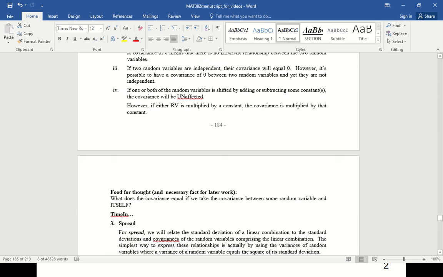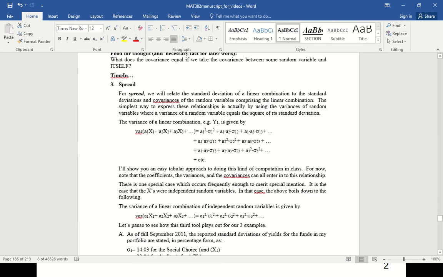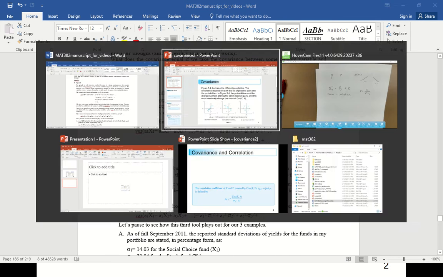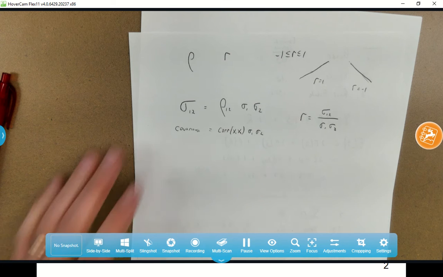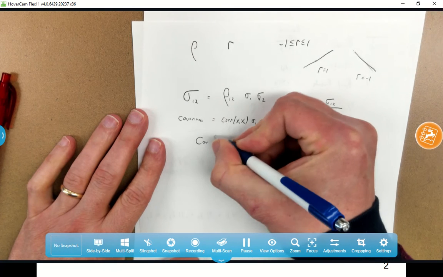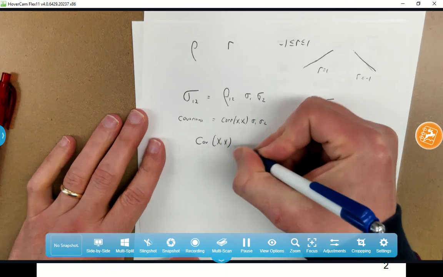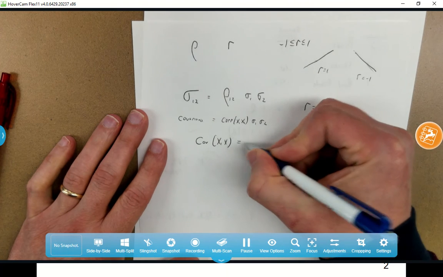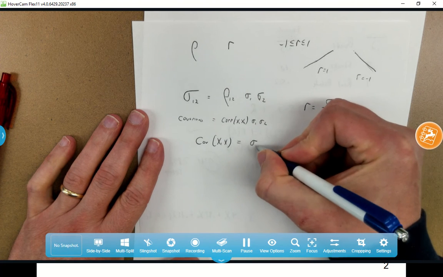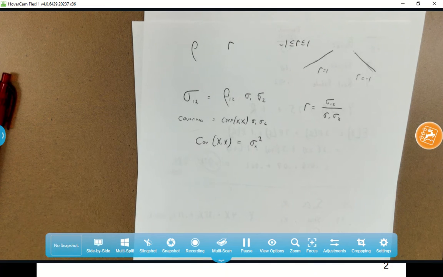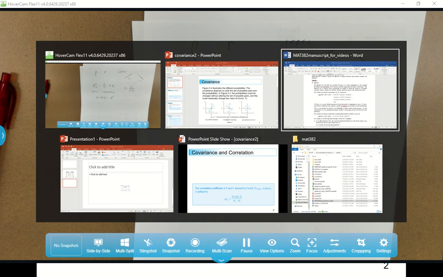So then what if we take the covariance of a random variable with itself? Let's say we take the covariance of x with x. What that gives us is sigma x squared. So the covariance of a random variable with itself will be sigma squared.